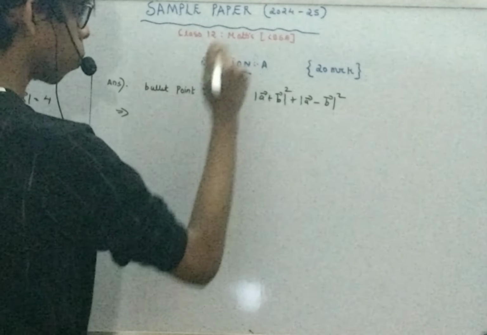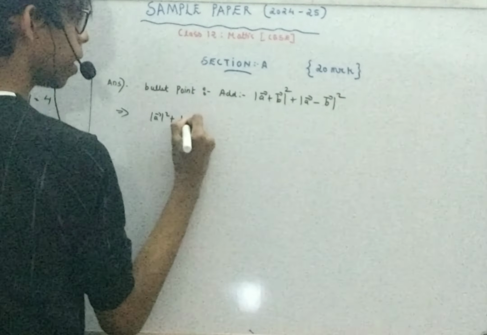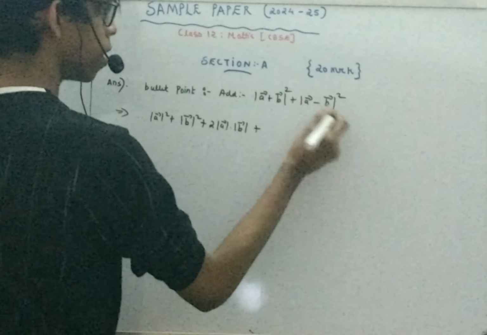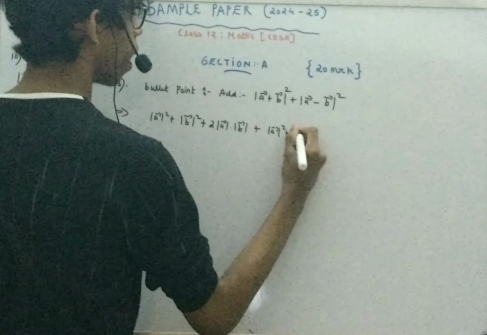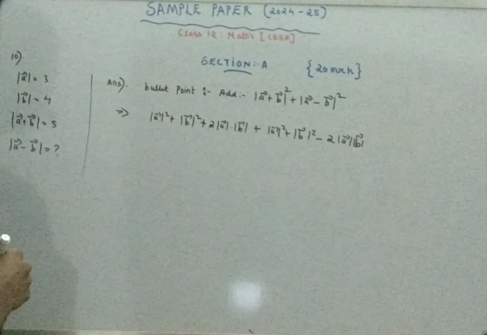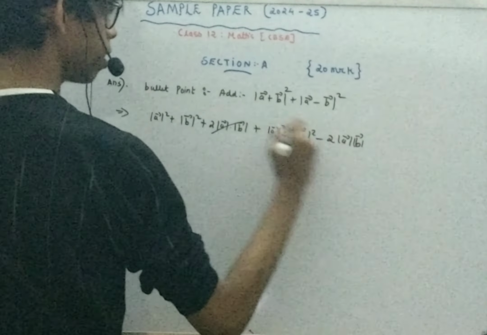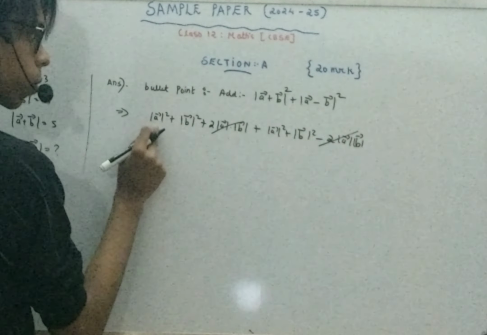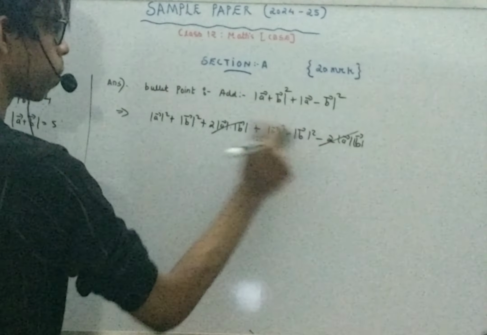A plus B the whole square, we can write as magnitude of A square plus magnitude of B square plus twice of magnitude of A into magnitude of B. Plus here also magnitude of A square plus magnitude of B square minus twice of magnitude of A into magnitude of B. Now this and this get cancelled, and what is left is A square plus B square, A square plus B square.